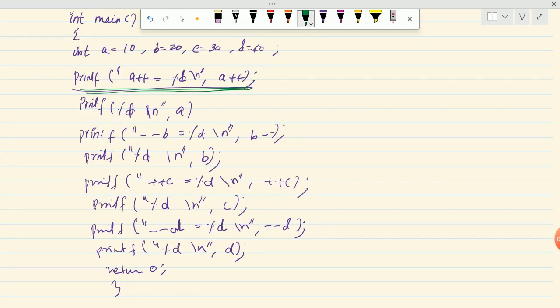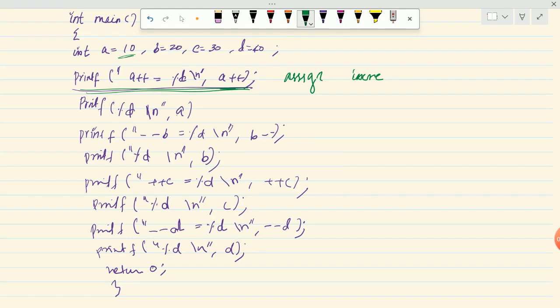First it will assign the value and then only increment. So what is a? A is equal to 10.